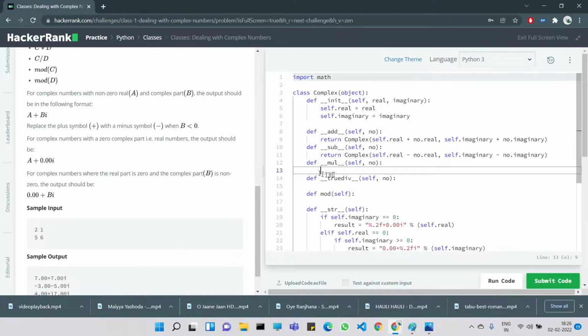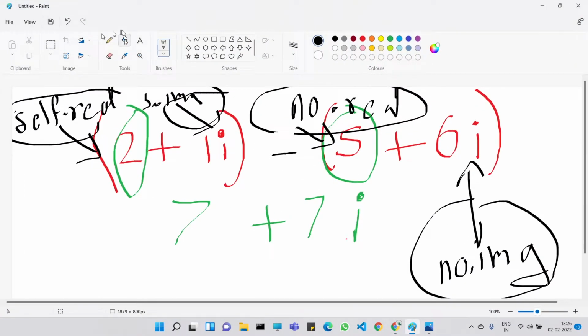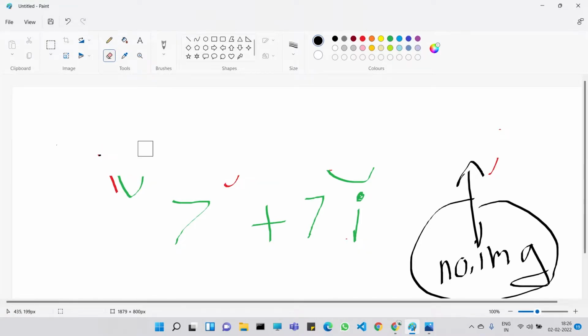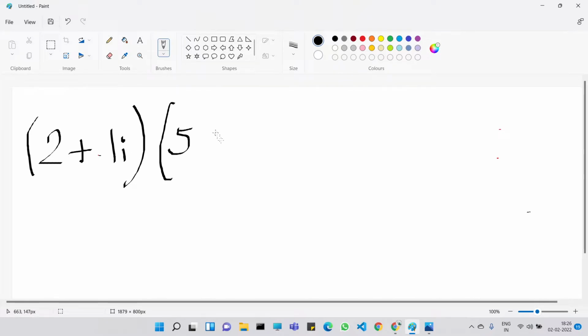Now we are coming to the multiplication. So this is kind of a tough part. Let's rub it out. Let's take the same example itself. 2 plus 1i, we need to multiply with it 5 plus 6i.